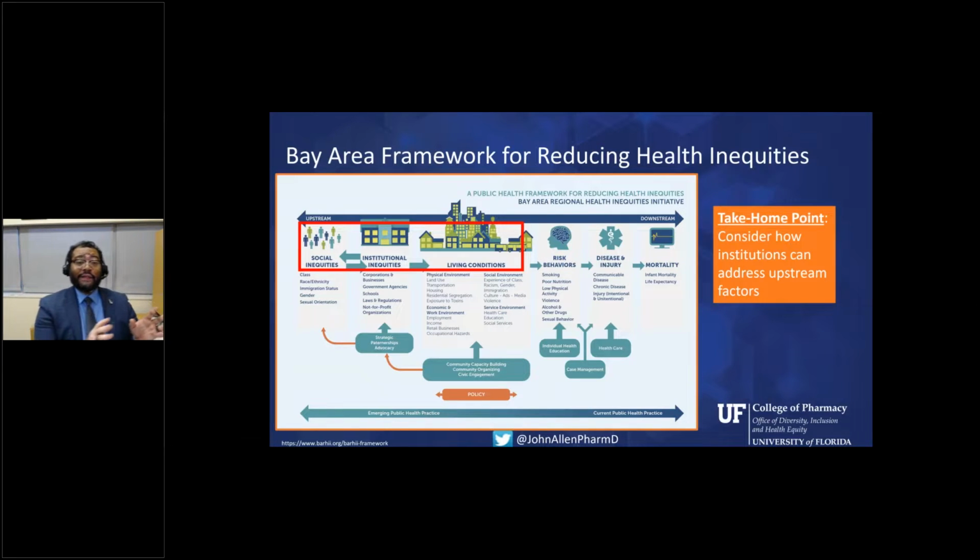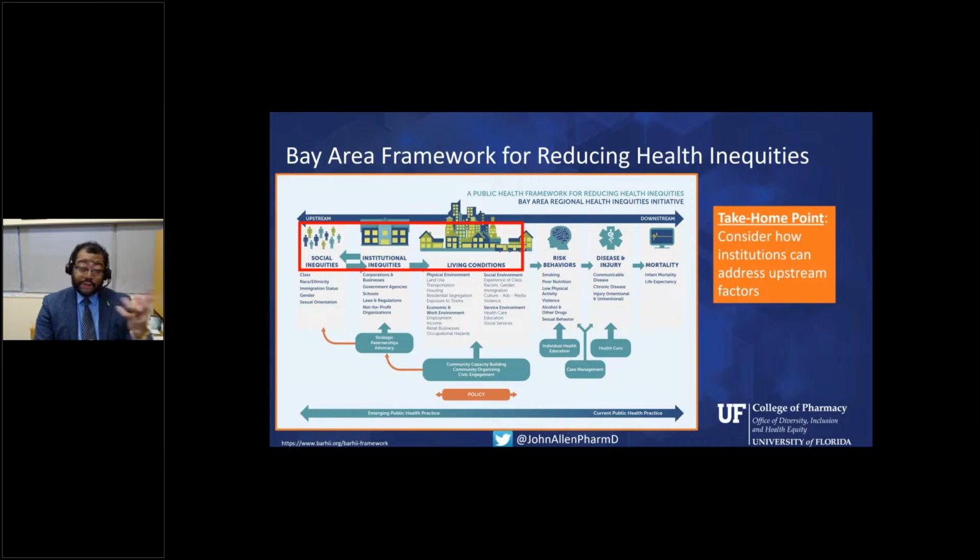So things that include addressing institutional inequities and living conditions of our patients. And I think it's incumbent upon us as providers and healthcare professionals to think about how we can, individually, but also how our institutions can work to address upstream factors.